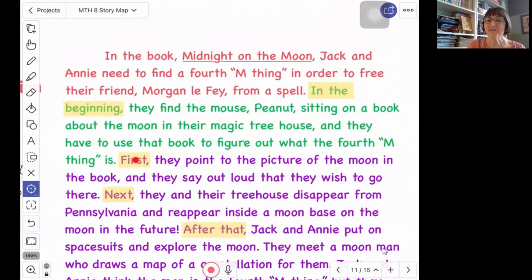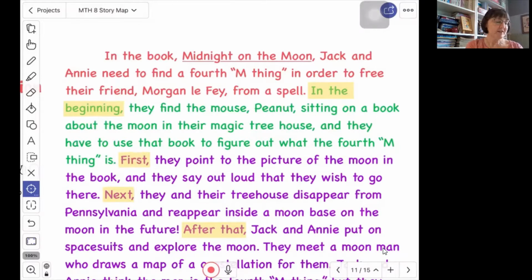This word first is letting the reader know what is the first thing the characters do to try and solve the problem. In the beginning is telling us what the problem is. First is telling us what is the first thing the characters do to try and solve the problem.